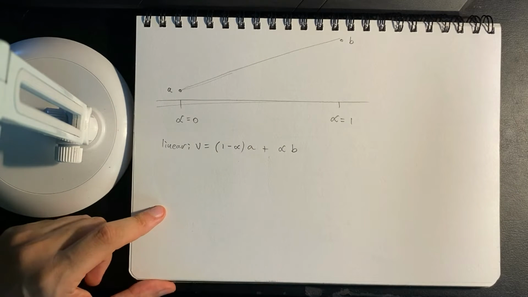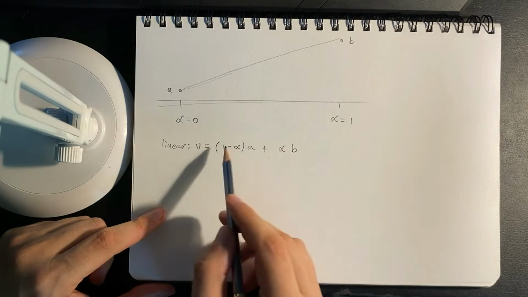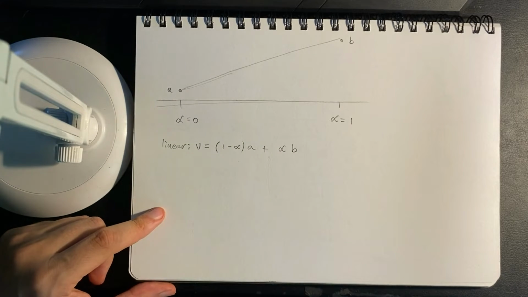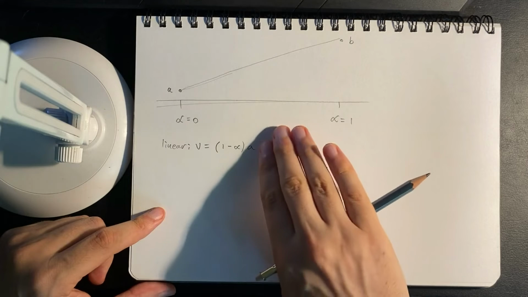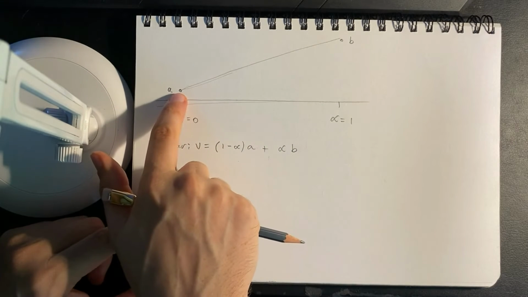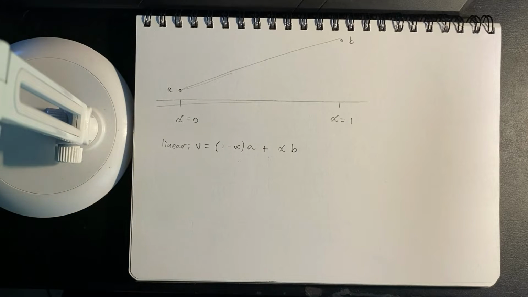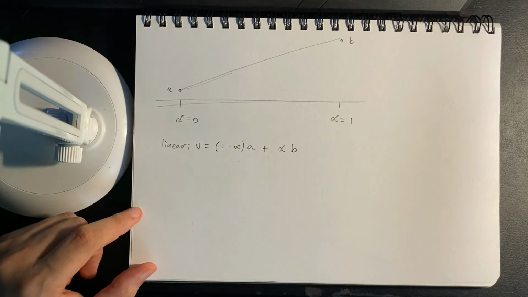So we can see that this is a straight line formula because the power of alpha is 1 at most, or 0, in all of these individual terms. And we can see that this is correct because when alpha is 0, we will have 1 times a plus nothing times b, so we are completely at the a value, and then when alpha is 1, we'll be completely at the b value because this bracket will disappear.